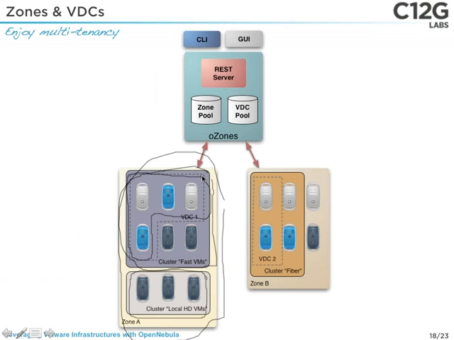All the mechanisms to compartmentalize clusters and to group clusters into different zones are offered by the OZones component, which also features a separate command line interface and a separate graphical interface to have a centralized way to manage different OpenNebula zones.